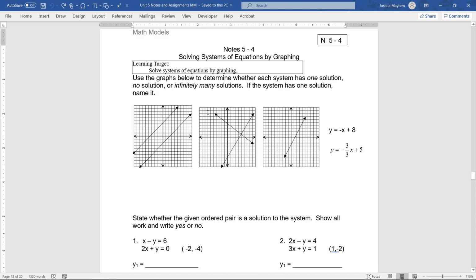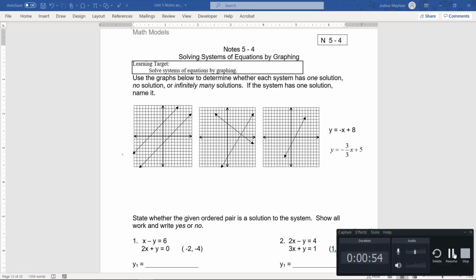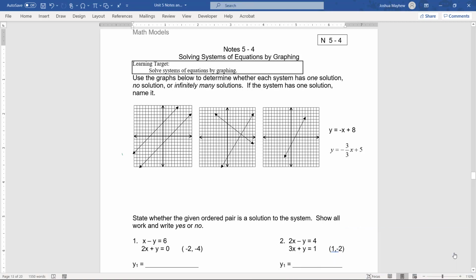Use the graphs below to determine whether each system has one solution, no solution, or infinitely many solutions. Notice that the first one has two lines that are parallel. Since they do not intersect, they have no solution.